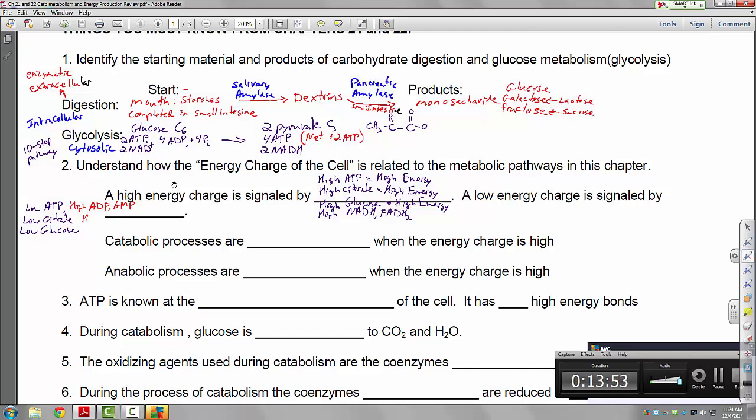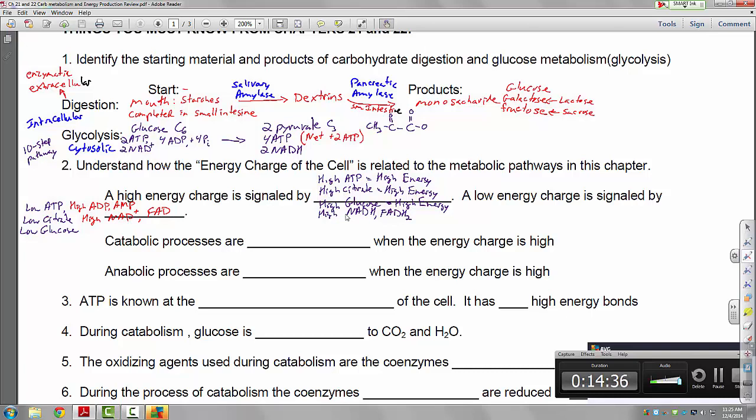But high, let's say, high NAD or FAD. Right. NAD and FAD are the oxidized forms. They have not gained these hydrogens. So high NADH and FADH2, the reduced coenzymes, indicate a high energy charge. The oxidized forms indicate a low energy charge. So when I'm talking about high here, I'm talking about concentrations. High concentrations of NAD and FAD, high concentrations of ADP and AMP. And then really what we're looking at is a ratio of ADP, AMP over ATP, or if you wish, the ratio of NAD over NADH.